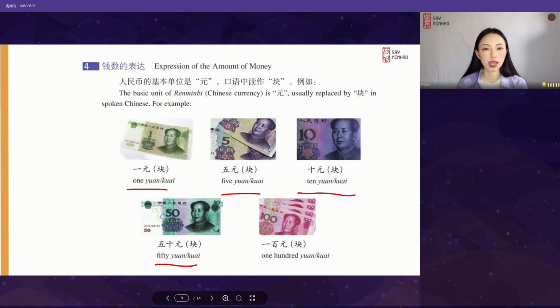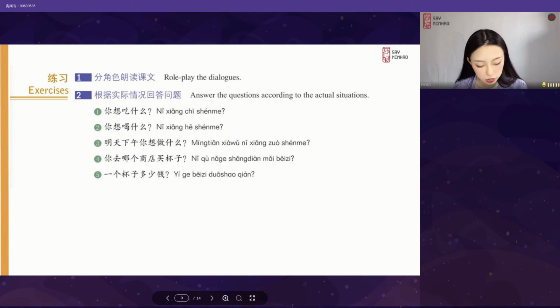Last one is 100, the biggest one in Chinese currency, 100元, and it is the same as 100块. So this is the expression of the amount of money in Chinese.